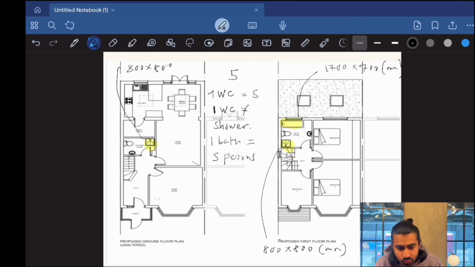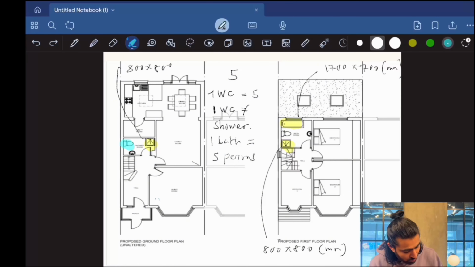Now, what's really interesting though is because we are only renting the property out to 5 people, and we only require 1 bath per 5 people and 1 toilet per 5 people, and that half the amount of toilets, so basically all the toilets in the property cannot be within the shower. Well, what we can actually do is we actually meet that condition, because we've got 2 toilets here. So let me do a different color.